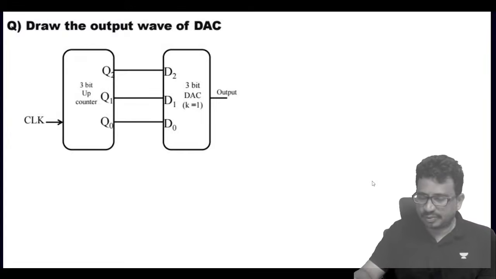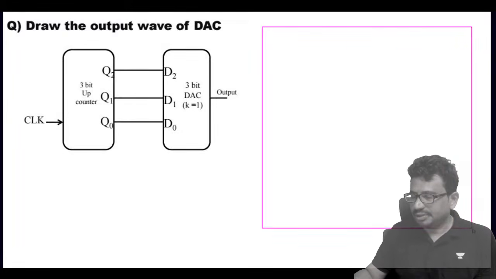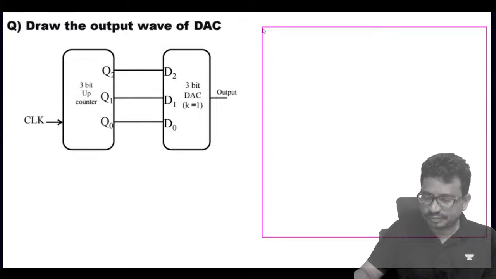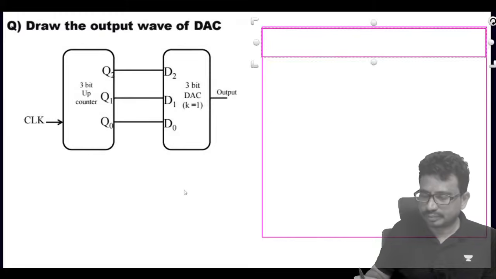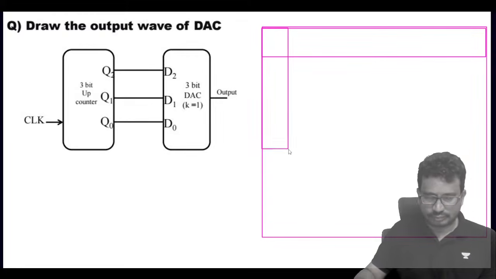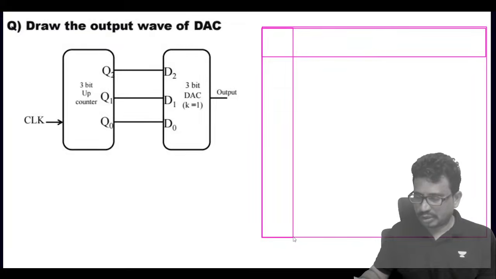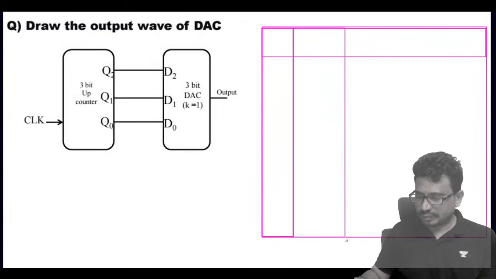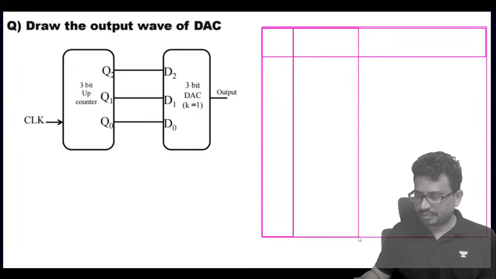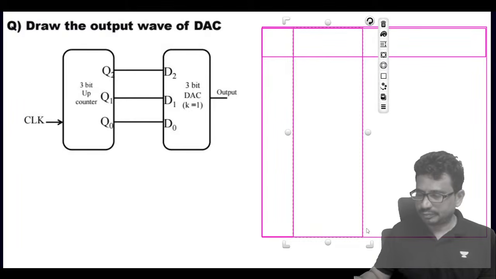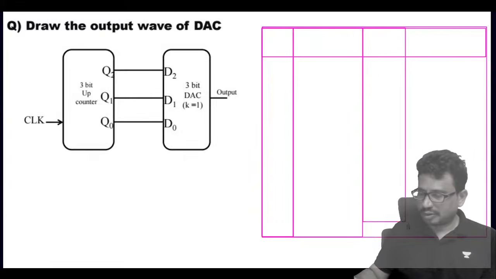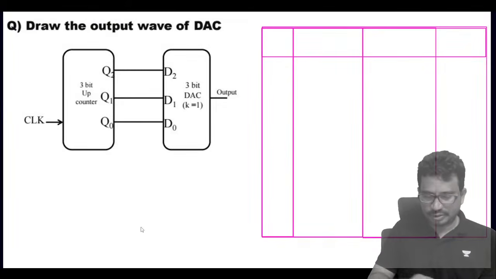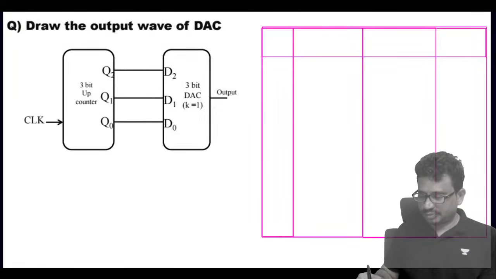If we draw this in tabular form, you can observe it. We use the clock, and thereafter we have the output of the up counter, and the next output corresponds to the DAC.